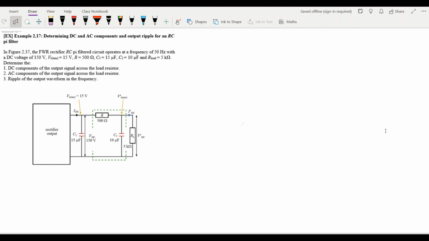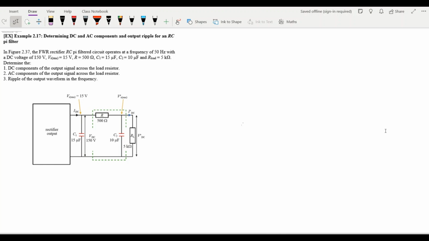Now, in our example here, we need to be calculating certain components of this circuit. Without the waste of any time, let us dive right into it. The example reads as follows.